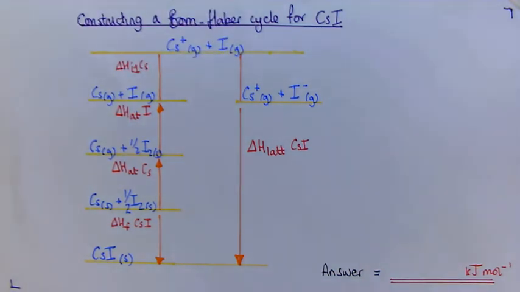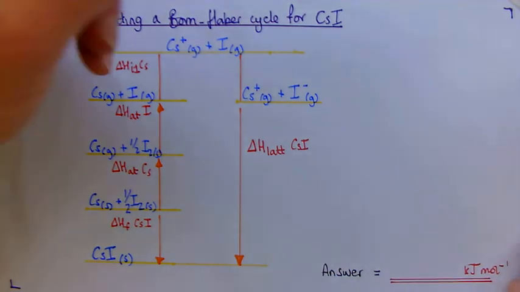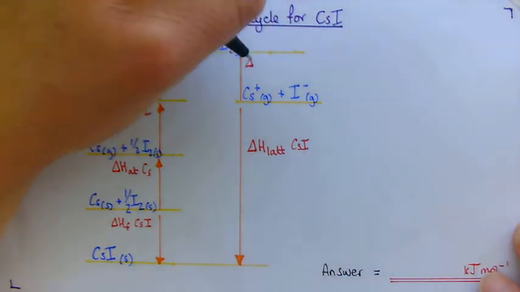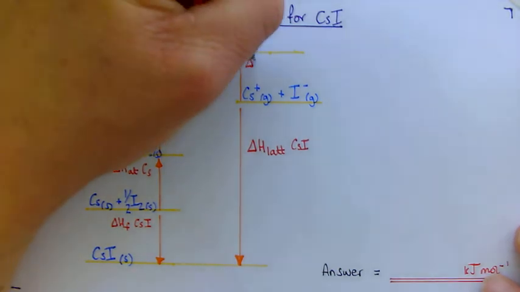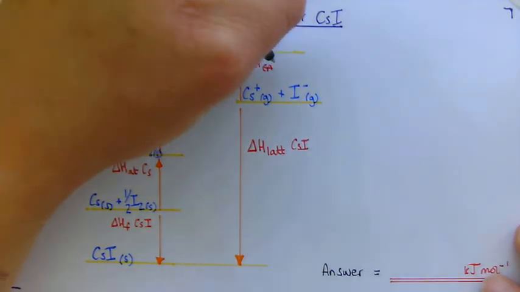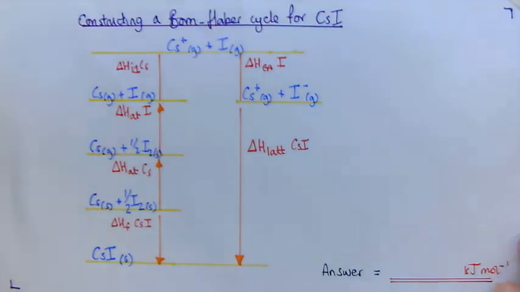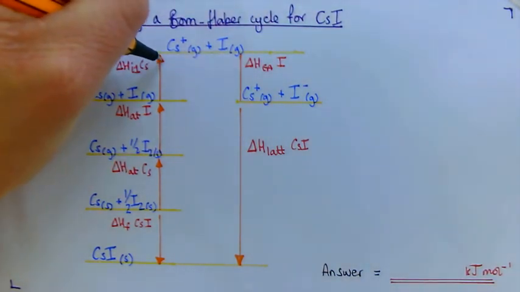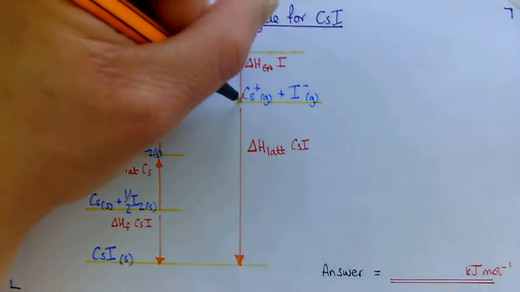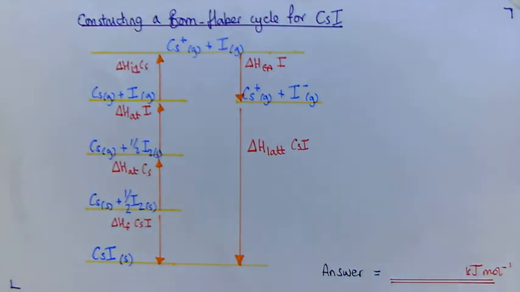The next one is we need to make an iodide, so we need to add an electron to the iodine atom. What we can do here is called an electron affinity, adding one electron. So the delta H EA of iodine is that, and these changes, the arrow points up, and then as part of the cycle we're adding an electron, this one goes down.